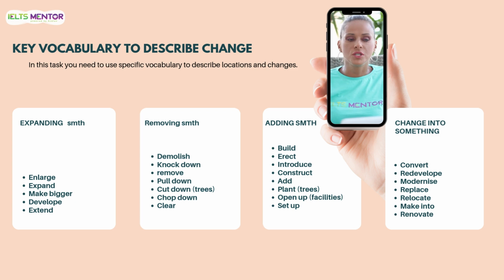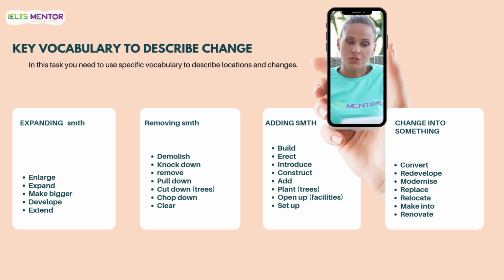In this task, you need to use specific vocabulary to describe locations and changes. And this is key vocabulary to describe change. For example, enlarge, expand, make bigger, develop, extend. To remove something, you can use demolish, knock down, remove, pull down, cut down trees or chop down, clear.